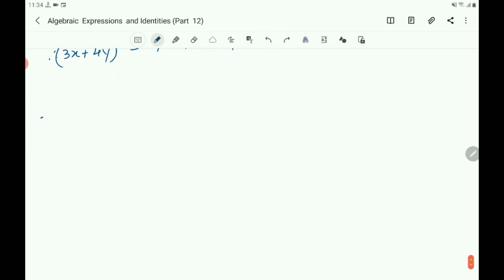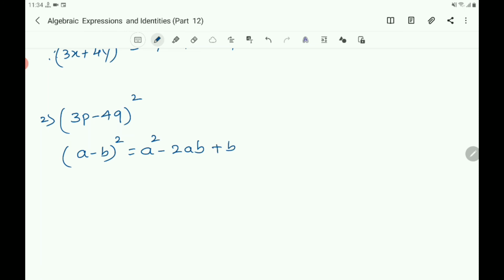3p minus 4q whole square. Here minus is there. So you consider this is a, this is b. So it is a minus b whole square. This is in the form of a minus b whole square. So you write a minus b whole square equals a square minus 2ab plus b square.